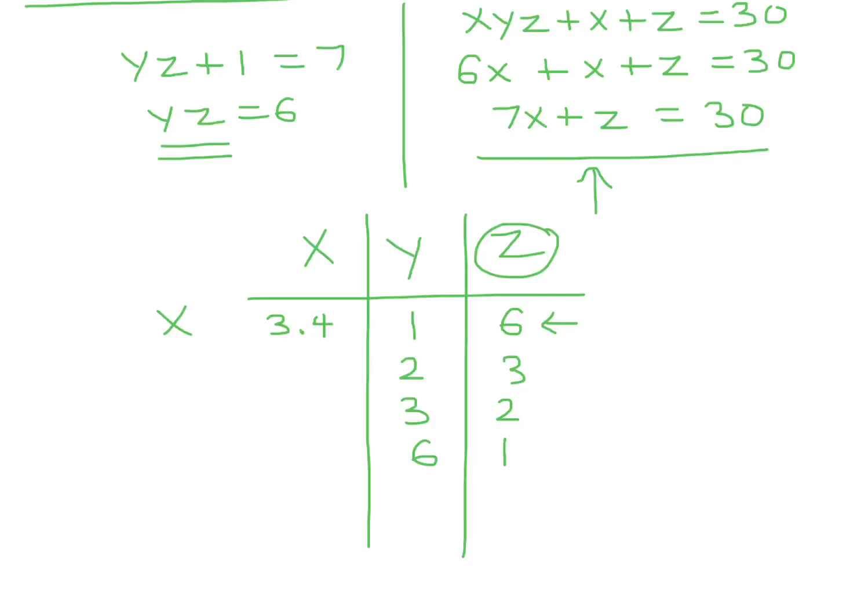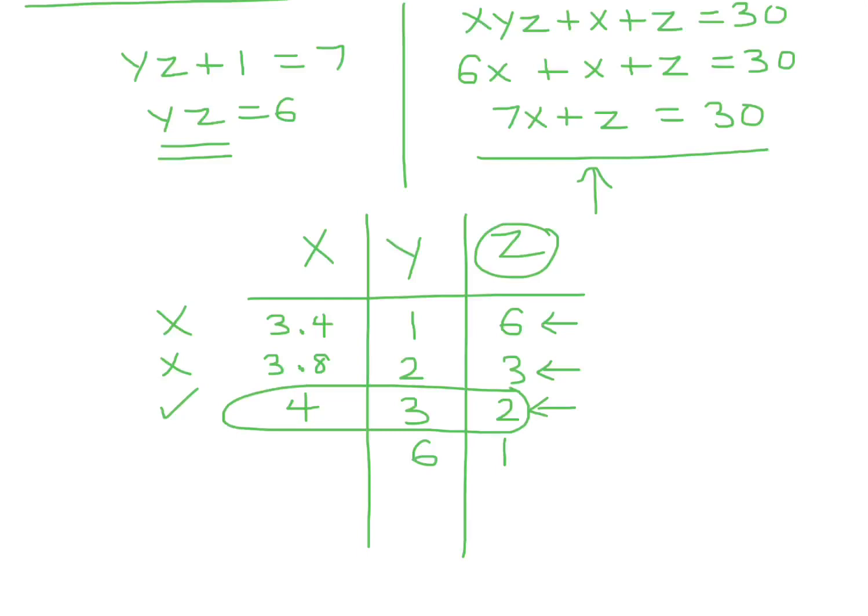That's not going to work because x has to be a positive integer. If we plug in 3 for z, you will get 3.8. So that's no good. If you plug in 2, you'll get x equal to 4, and that indeed is a positive integer solution.